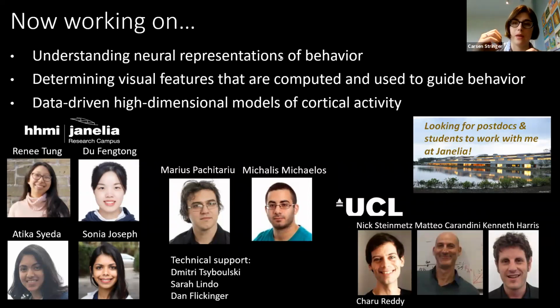Cortical neurons might be combining these inputs in nonlinear ways that would create these smaller eigenvectors. That's just a hypothesis. We don't know. It's an open question. And something I didn't mention, all the data that I talked about today is freely available on Figshare for people to look at and try to understand too.